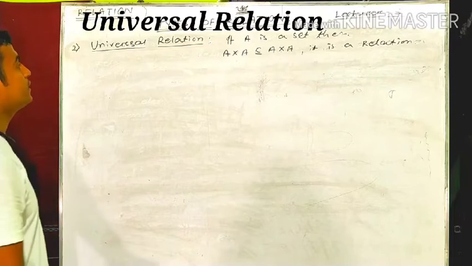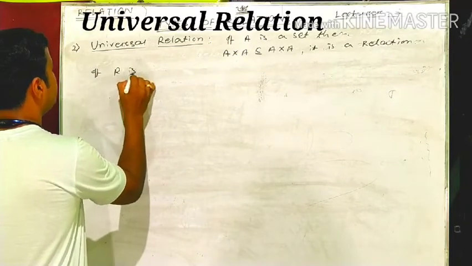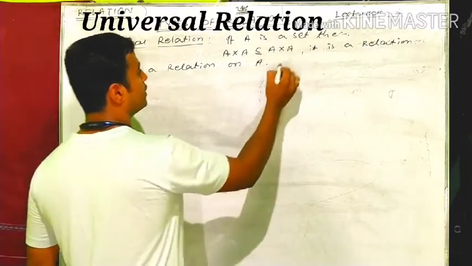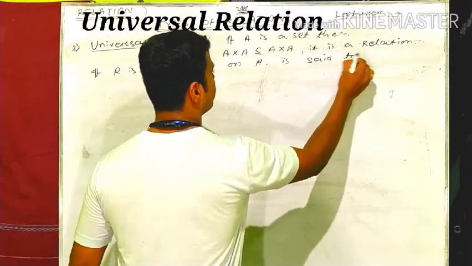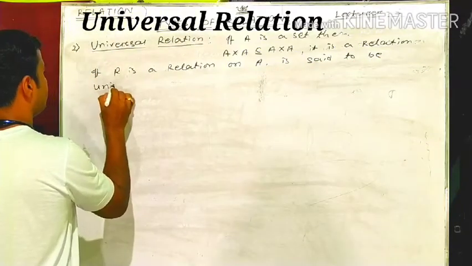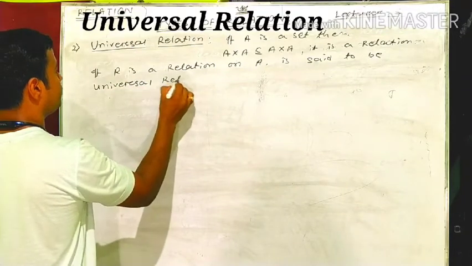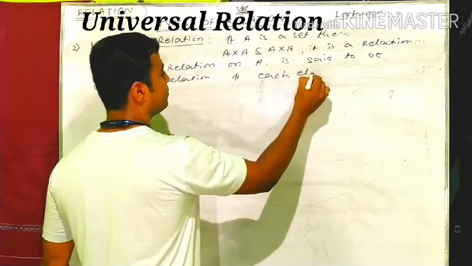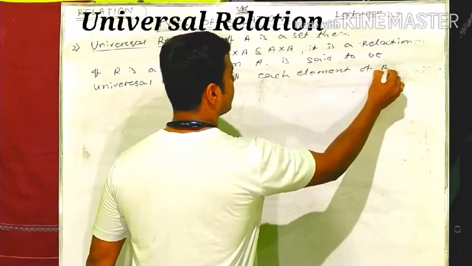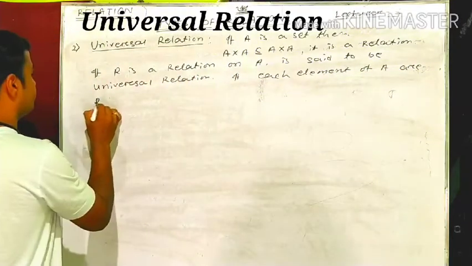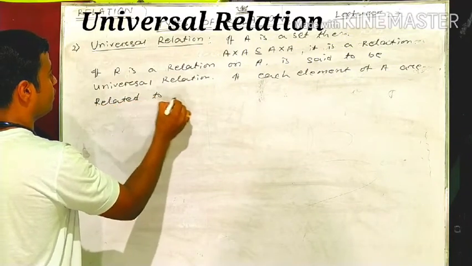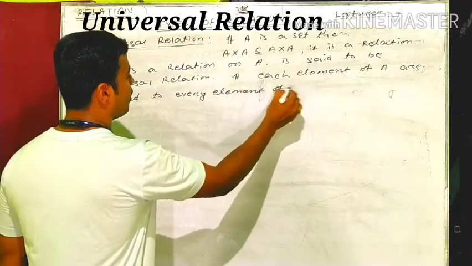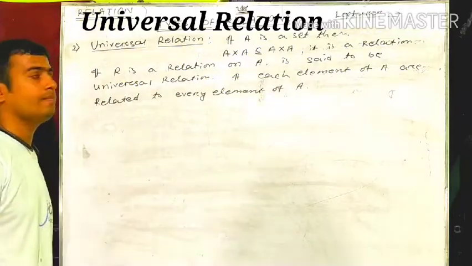In other words, we can say R is a relation on A is said to be universal relation if each element of A is related to every element of A. This is the most important line.